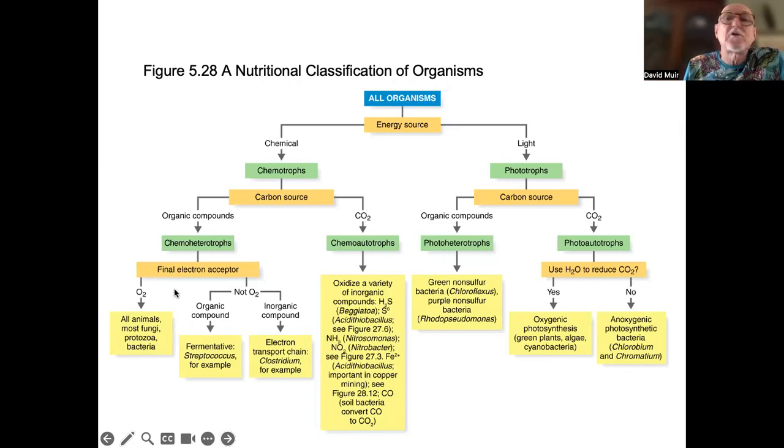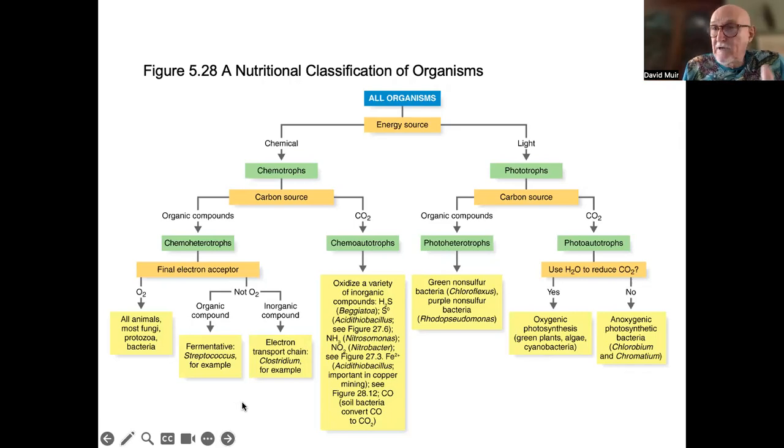There are some which do not use oxygen as the terminal electron acceptor. Instead, they use an organic compound as the terminal electron acceptor. And those are the fermentative organisms, for example. They're utilizing an organic compound and they're oxidizing it. Those are the processes of fermentation that we've already seen. And those are the fermentative bacteria, like streptococcus and all sorts of things like that.